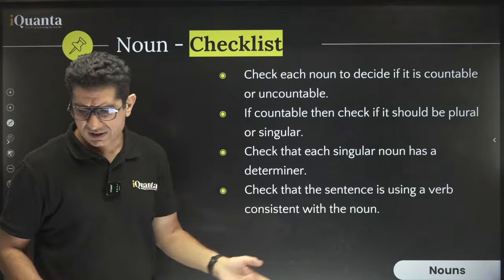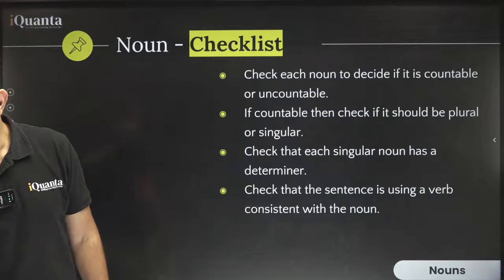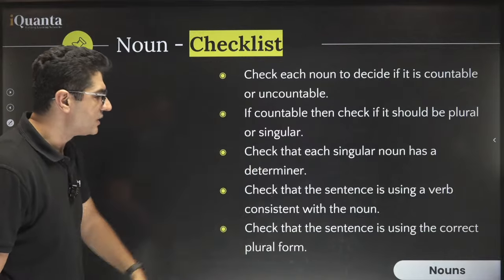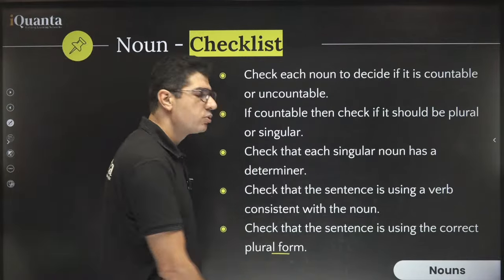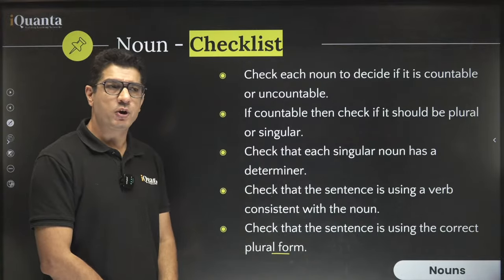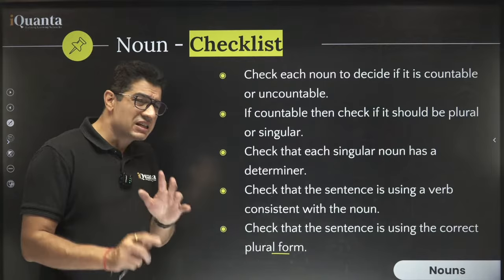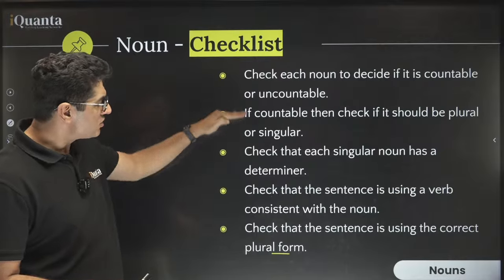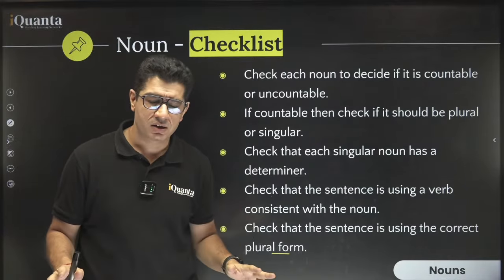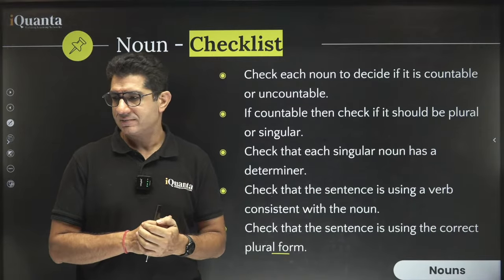And of course, run it in order to ensure the subject verb agreement. And finally, the same thing emphasized once again, make sure that a correct plural form is being used. So if you look at a sentence and you're doubtful, is the noun part okay here? Then just mentally run yourself through these things and you'd be able to spot almost all the noun based errors.